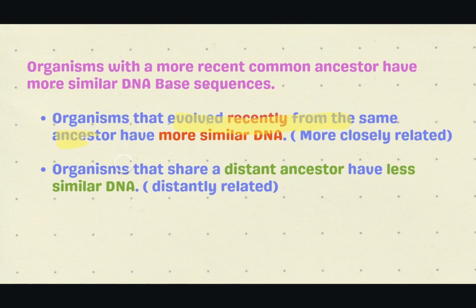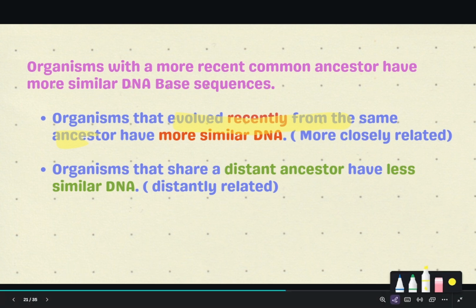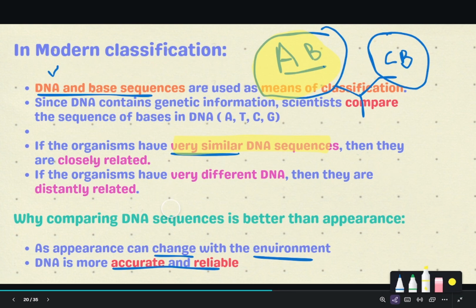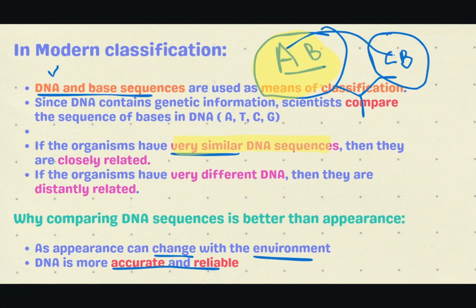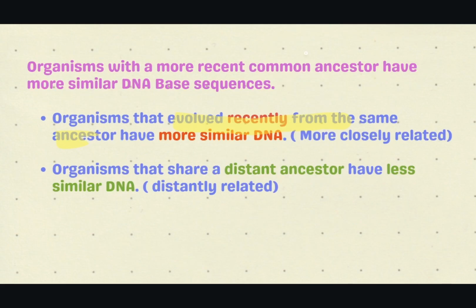So their ancestor was a recent ancestor, not a very distant one. That's the reason why their DNA base sequences are very similar. The same situation applies for C and B as well, because they have been grouped in the same group, so they have very similar DNA base sequences, and they have evolved recently from the same ancestor.